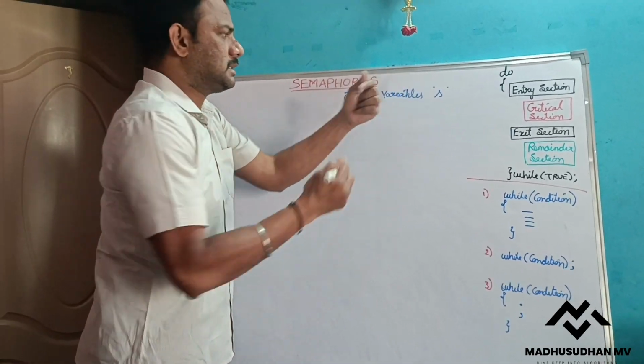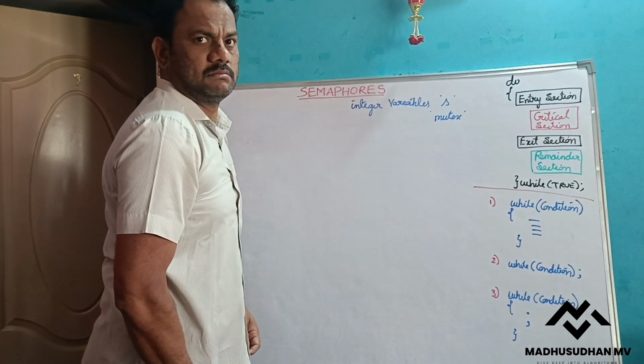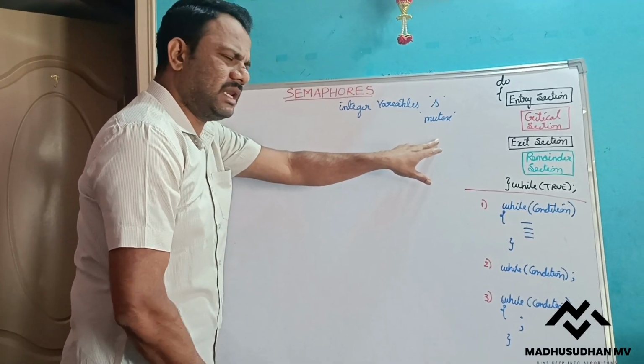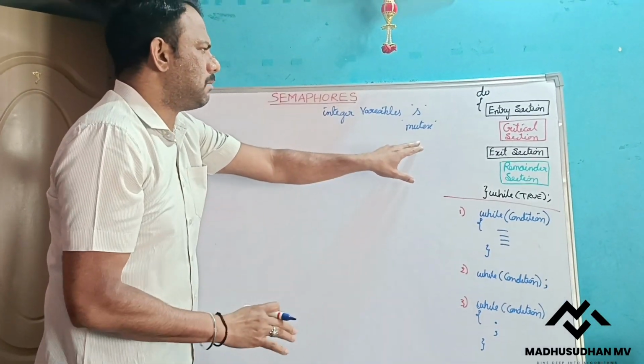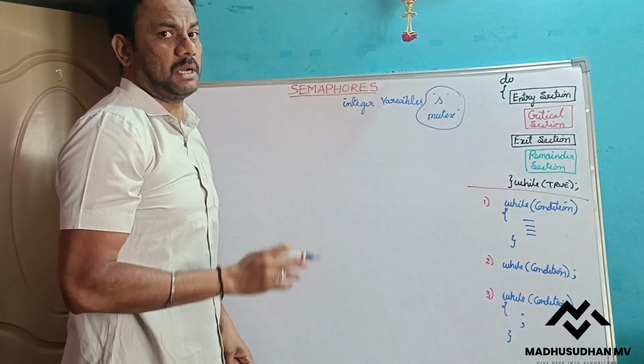I will give the name S to the semaphore. Somebody uses the word mutex. Either you call it S or mutex, or you can give any name of your own. But basically they are integer variables.